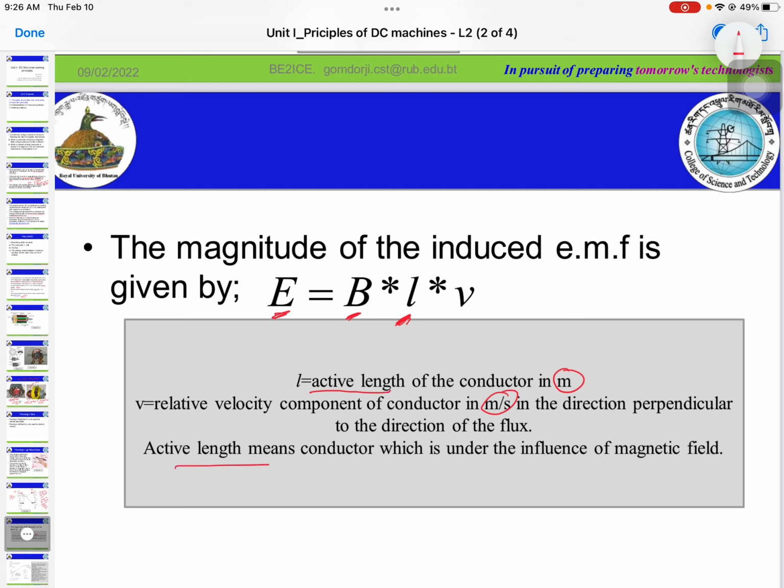Active length means the conductor which is under the influence of the magnetic field, and this velocity is the relative velocity component of the conductor in meter per second in the direction perpendicular to the direction of the flux, which means if this is the direction of the flux, your V should be perpendicular, separated by 90 degrees.